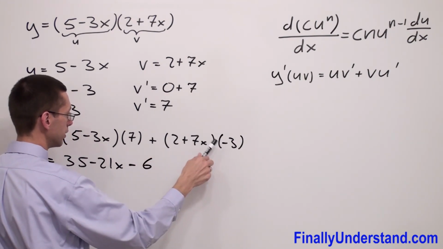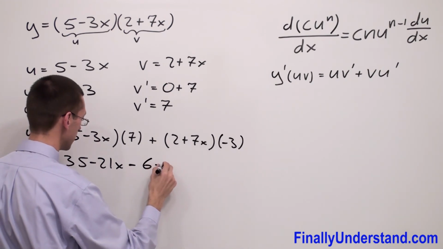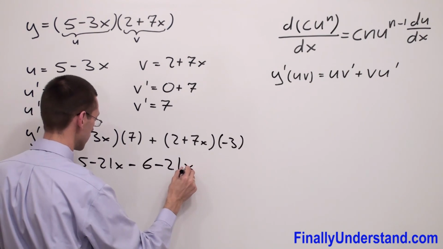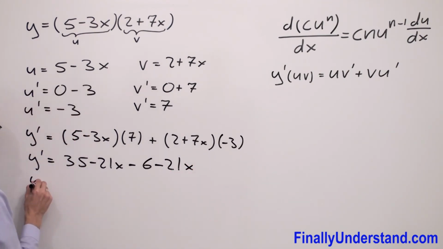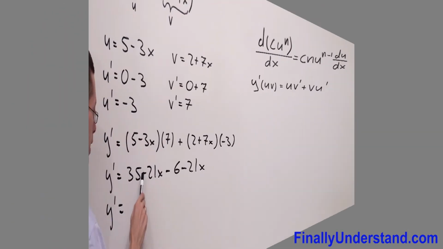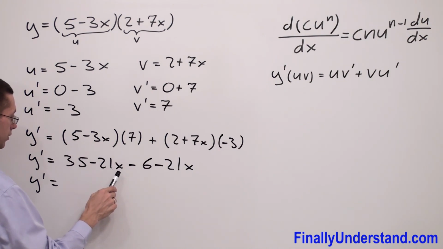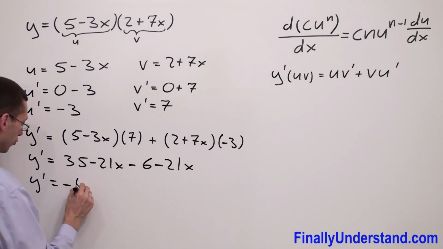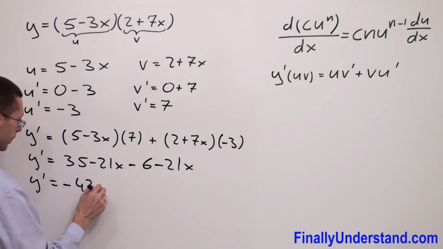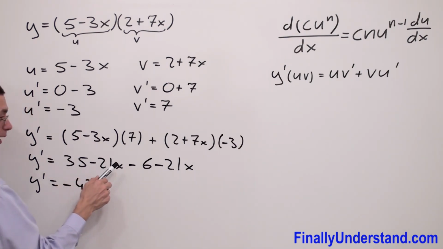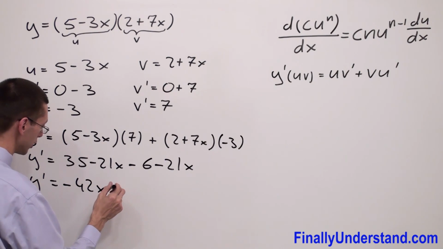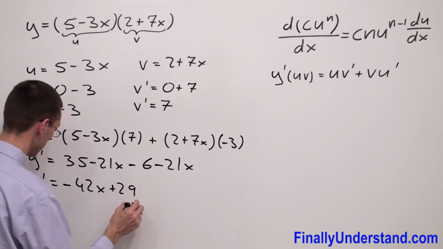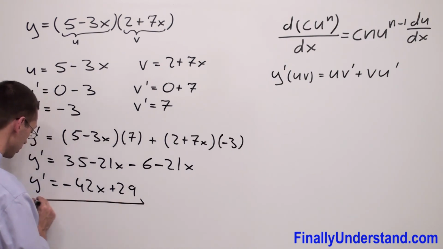Negative 3 times 7x is equal to negative 21x. So I have y prime equals negative 21x, and negative 21x is equal to negative 42x. 35 minus 6 is equal to 29. Okay, and this is the solution to my problem.